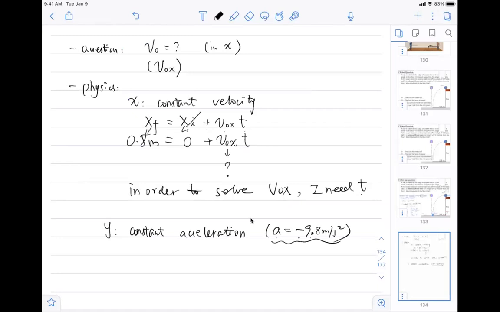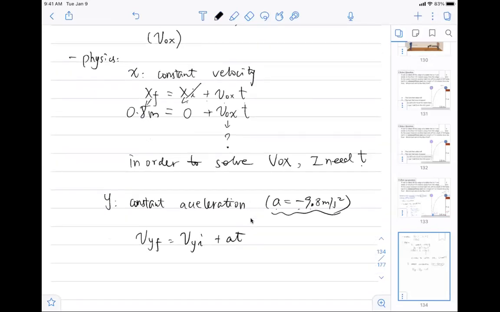So let me say v final in the y direction is v initial plus acceleration times time, right?